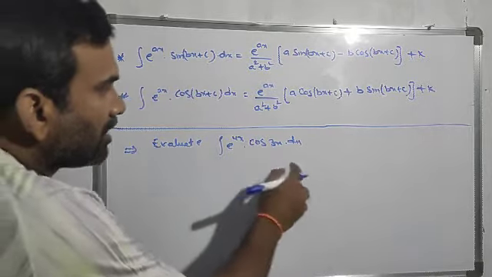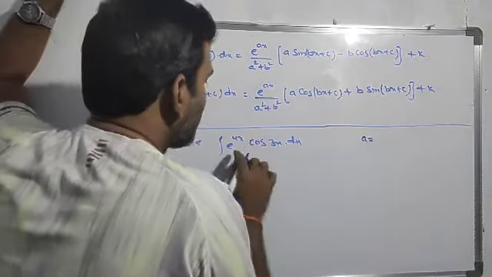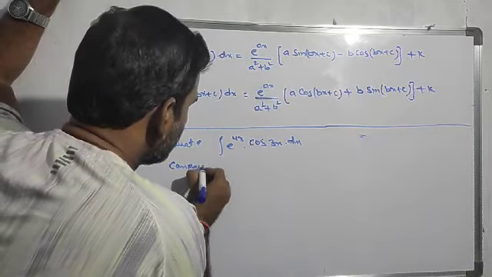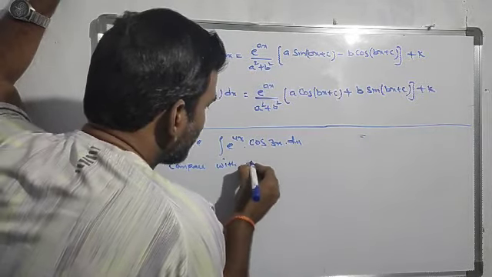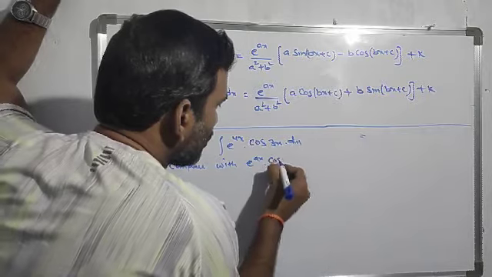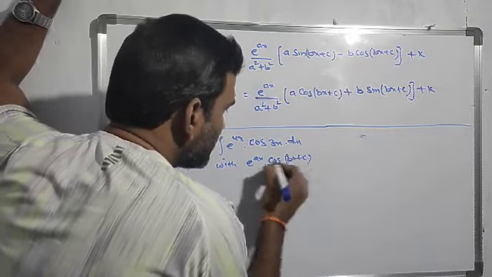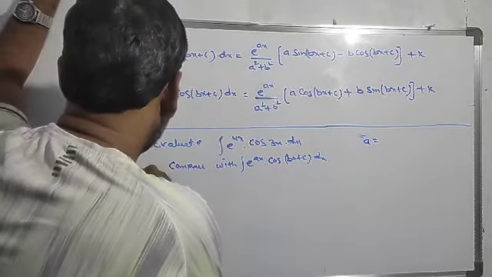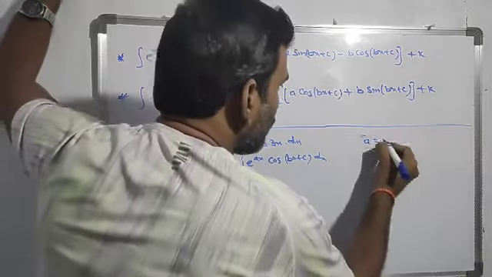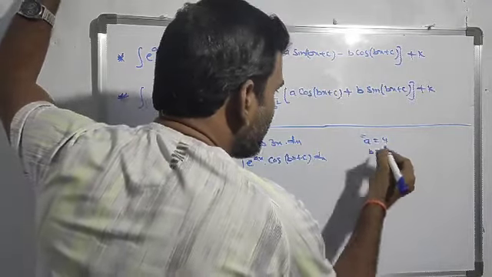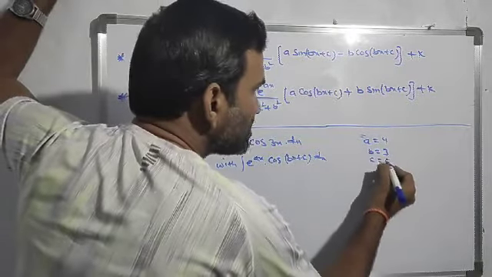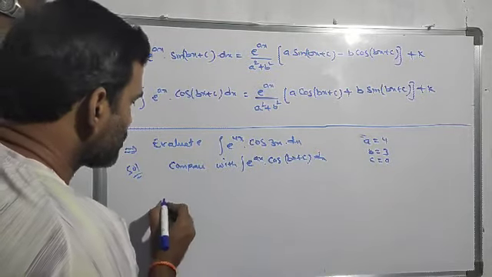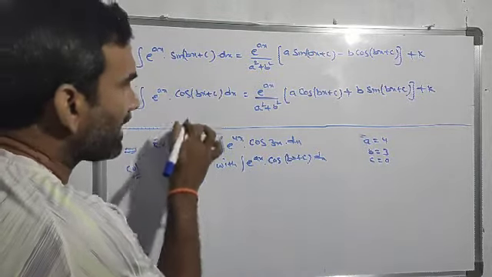Here, just compare with e power ax into cos of bx plus c into dx. What is the a value? 4. What is the b value? 3. What is the c value? 0. So just write down the formula and apply that.